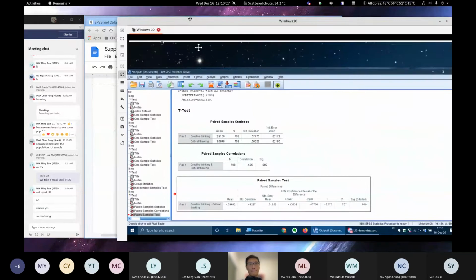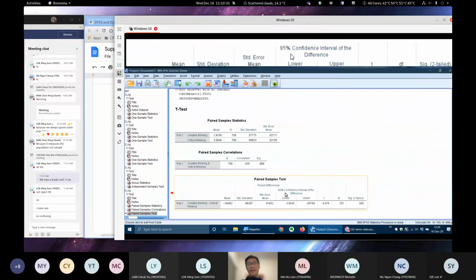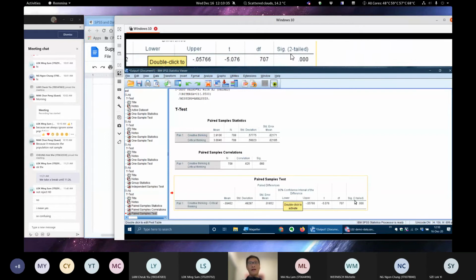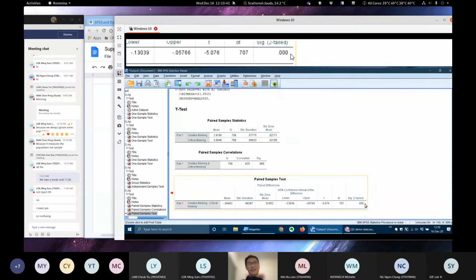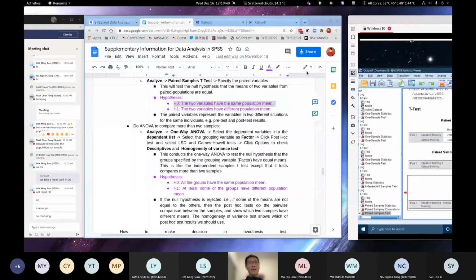So which one is true? Again, there are many numbers here, but we don't care about them. We only look for the SIG. That is the p-value. Now, in this case, the p-value is 0.000. Okay, so very small p-value.